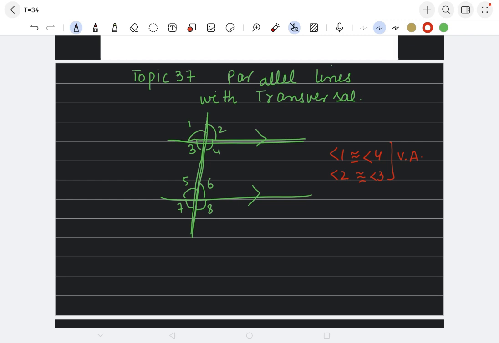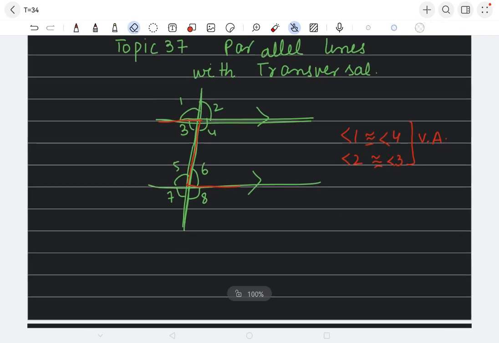Now angle 3 is congruent to angle 6, and angle 4 is congruent to angle 5. And look, they are making a Z. So they are alternate angles. I'm writing AA for alternate angles.